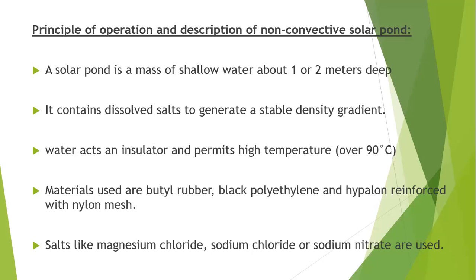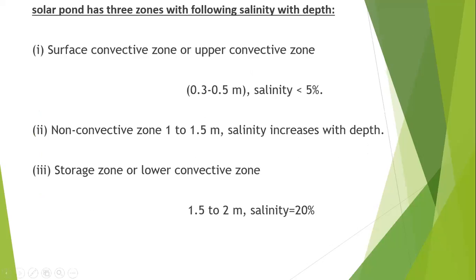By these salt densities, we can divide the solar pond into three regions.